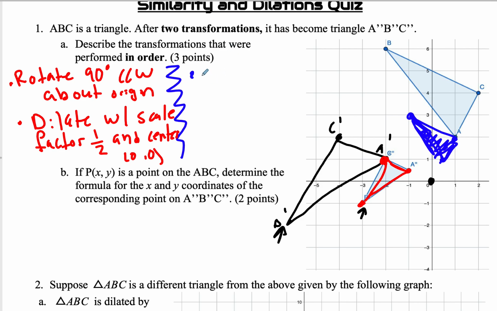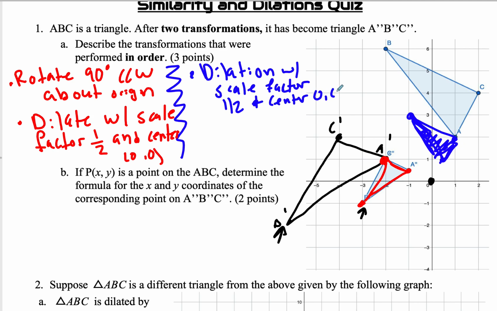So the other way we could have done it is a dilation with scale factor 1/2 and center 0, 0.